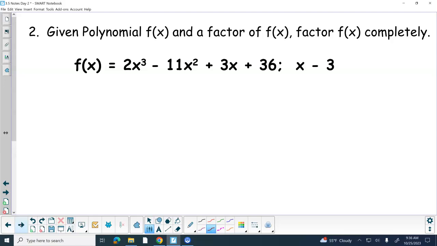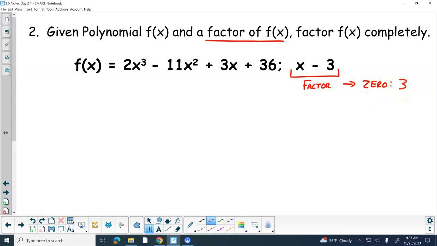So we know that this is a factor, because it said so right there. If that's a factor, what is my 0? Positive 3.